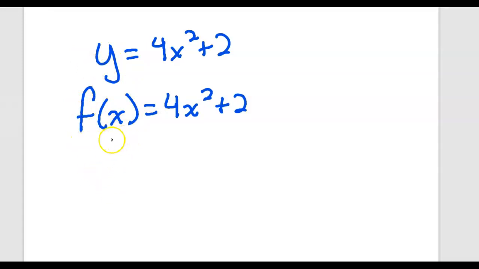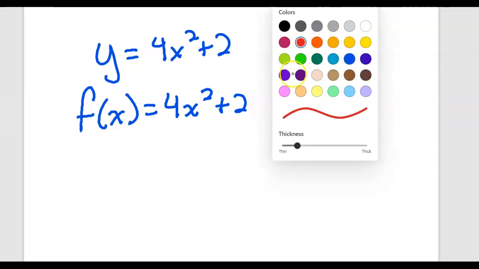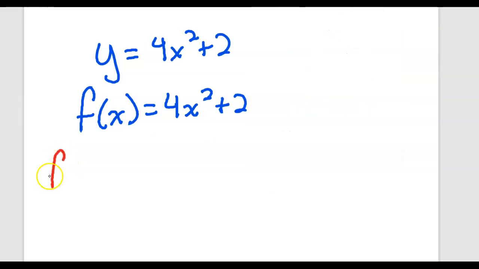Another reason why we look at function notation is because it's going to help us with determining some values. So if I say I want f of -3, this does not say I'm multiplying my f by -3. What this is saying is I'm replacing my x with a -3.